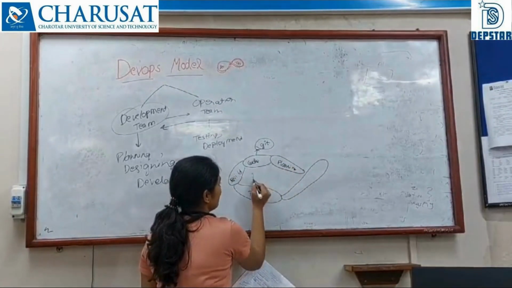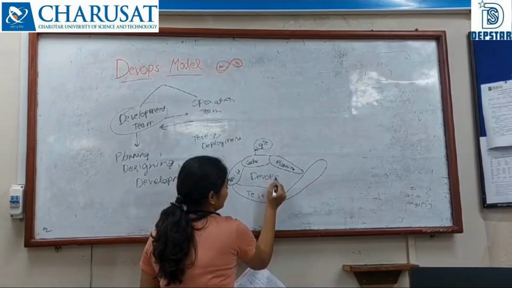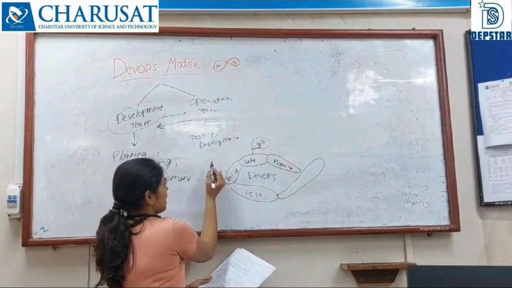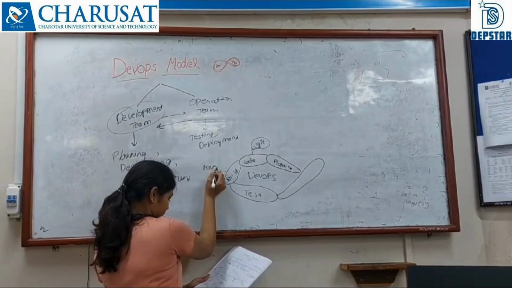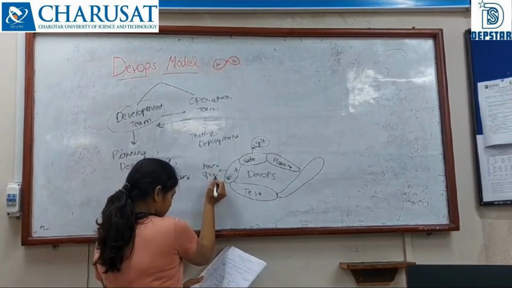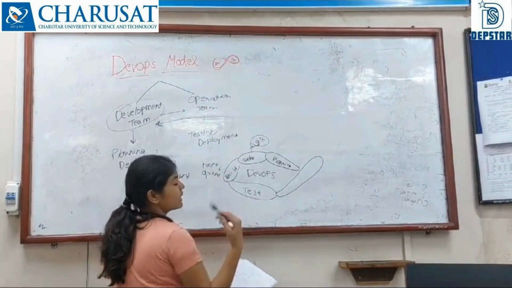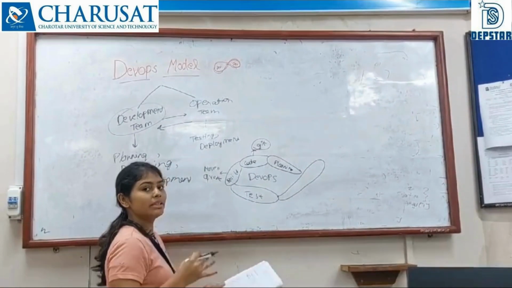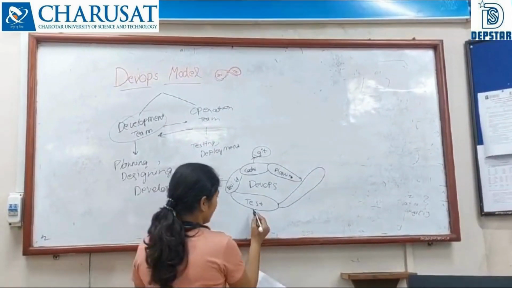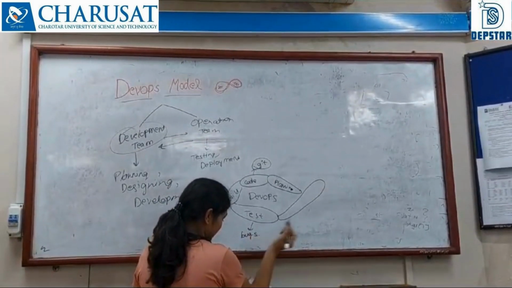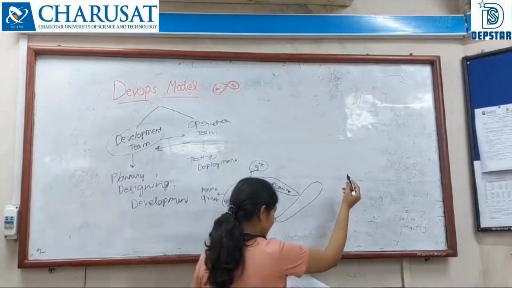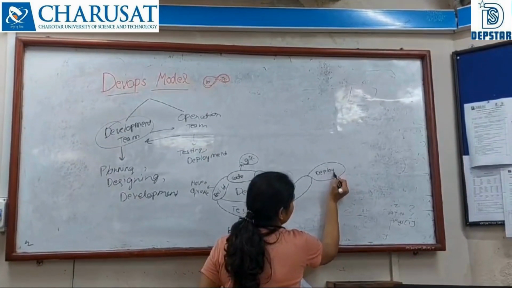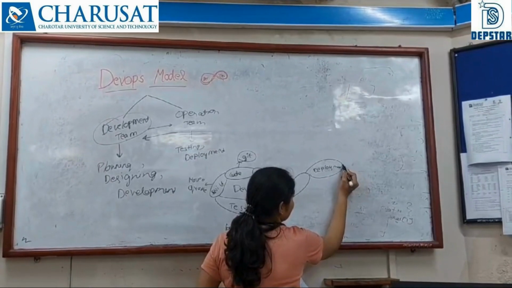So this is what the DevOps team does, this part. Even for building the software, they use tools like Maven or Gradle. And for testing, they find the bugs that are in the software. So they get out the bugs, and then it is given to the operation team, and then it is deployed to the customers, and then it is operated.